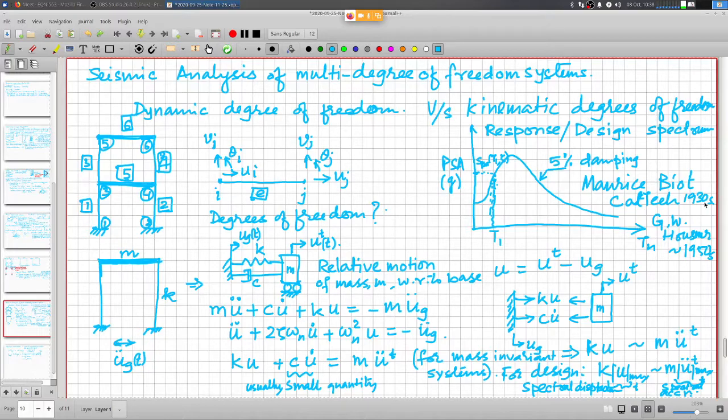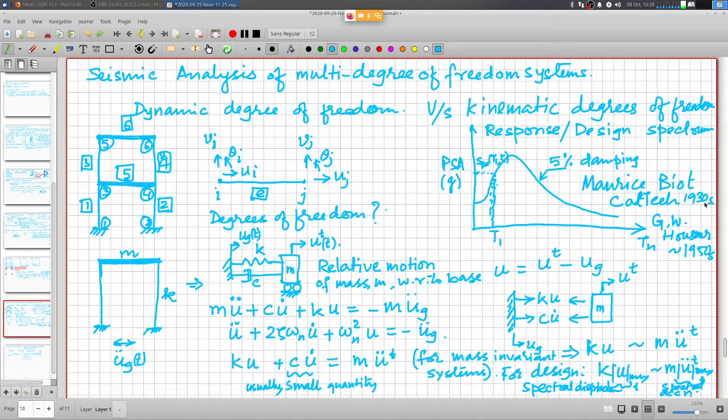But after the world order stabilized after the Second World War and computers were beginning to develop and became available for general public use, response spectrum computation came within reach of the profession.